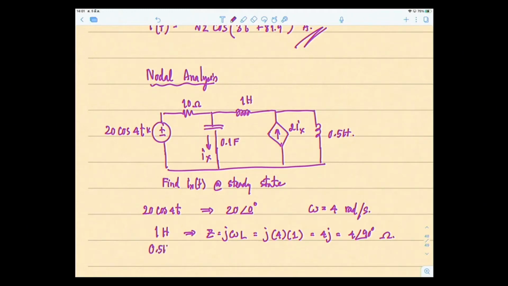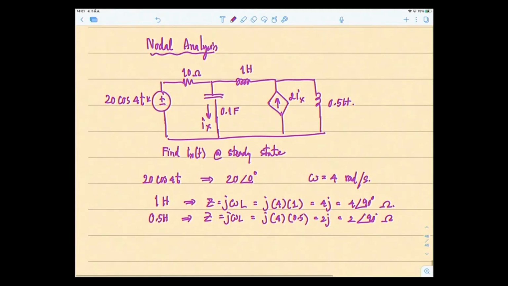0.5 Henry. So Z equal to J omega L. So J times 4 times 0.5, equal to 2J or 2 angle 90 degrees ohms. 0.1 farad.